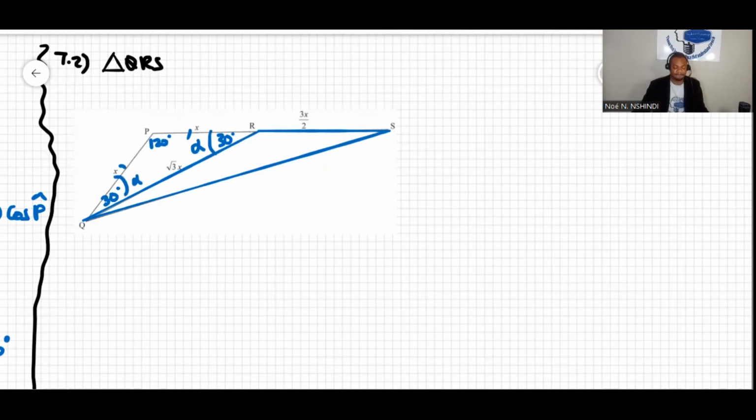We can say the sum of the angles in the triangle is 120 plus 2 alpha equal to 180 degrees.